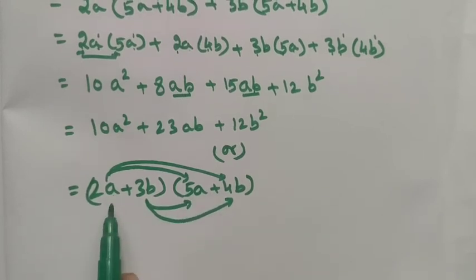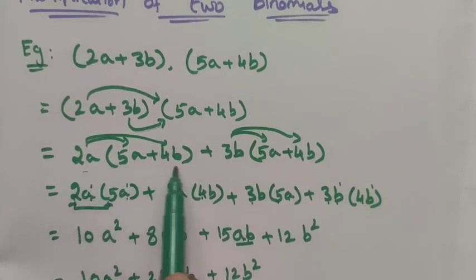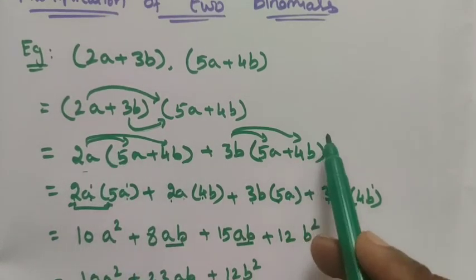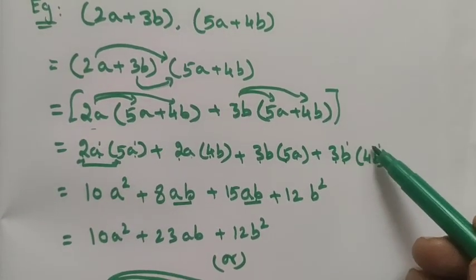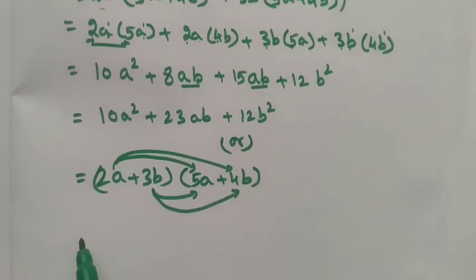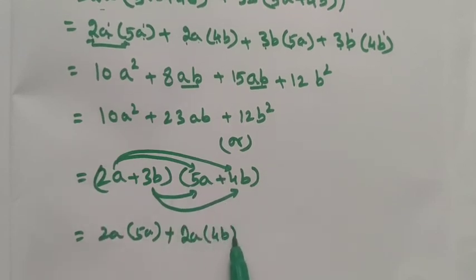The first binomial's each term should be multiplied with each and every term of the second binomial. See, for the first and second type, instead of writing this step, we directly get this answer from this step. Let's check it. 2 into 5a is 10a square, plus 2a into 4b. The first term is completed.